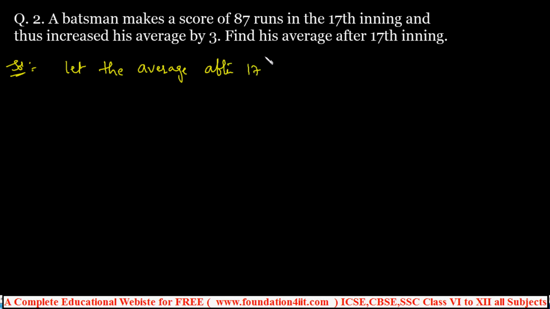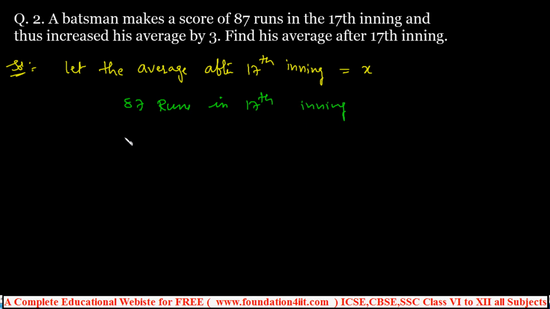Then the average after the 16th innings will be x subtracted by something. The question says his average is increased by 3. And 87 runs in the 17th inning is given.